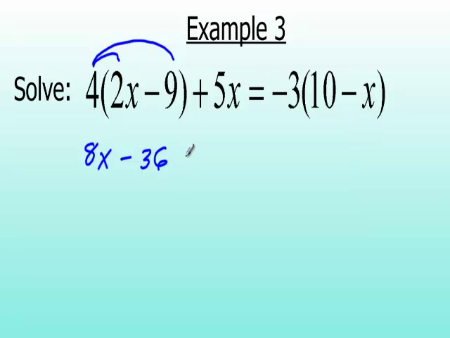minus 36, and then I'll just bring down the 5x, and I'm going to distribute this negative 3 to both terms there. So that's going to leave me with negative 30x, and now here's where you have to be careful.